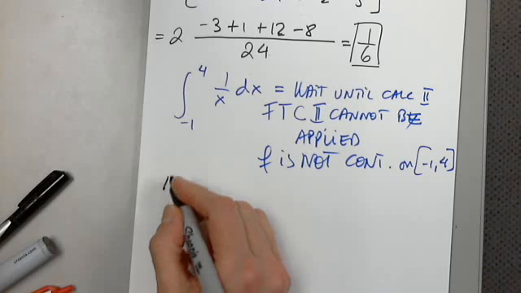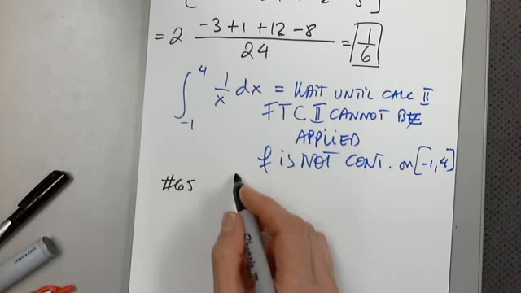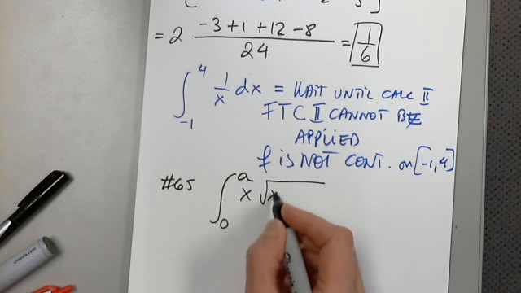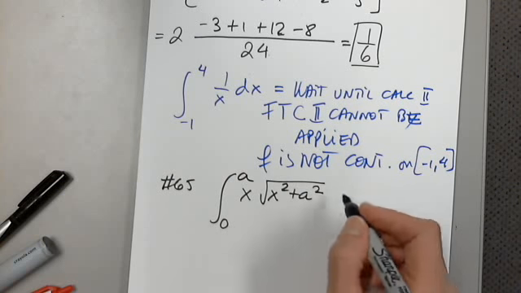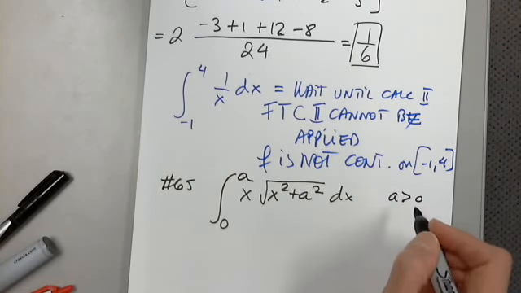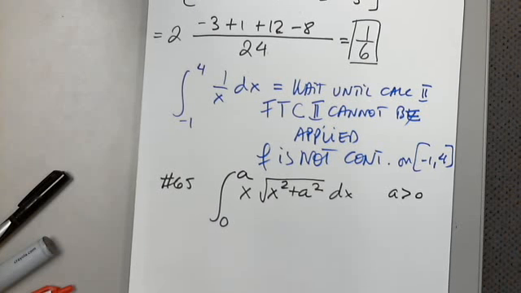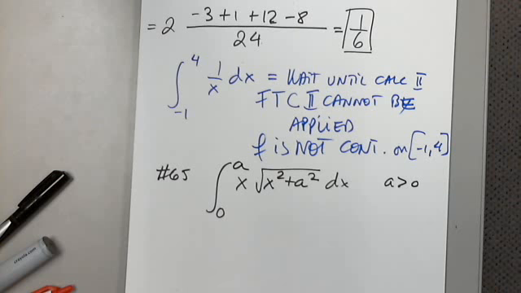Okay, so let's look at another problem. Let's look at 65. Did we do 65? The integral from 0 to a of x times the square root of x squared plus a squared dx, and we are told a is positive. Did we look at this problem? Okay, perfect. Although this is not the scientific way of thinking about it, this is the basic idea.